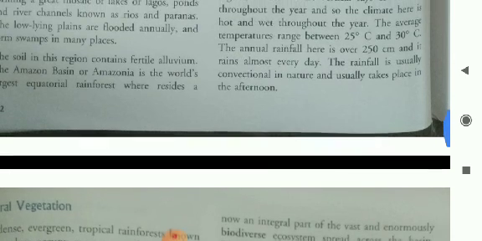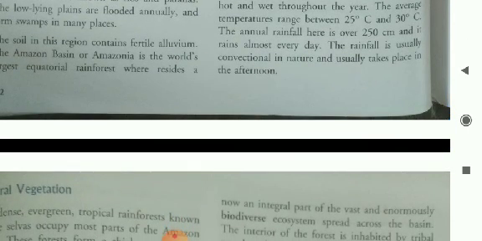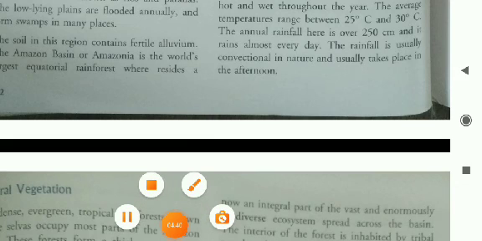The average temperatures range between 25 degrees Celsius and 30 degrees Celsius. The annual rainfall here is over 250 centimeters, and it rains almost every day. The rainfall is usually convectional in nature and usually takes place in the afternoon.